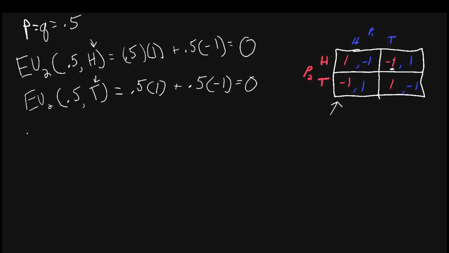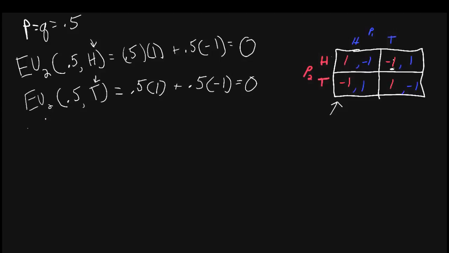So first of all, we see that player 2, when player 1 is playing 0.5, which is the mixed strategy Nash equilibrium, is indifferent between playing heads and tails. And you can do the math out, but if P was greater than 0.5, then expected utility for player 2 would be greater by also playing heads.